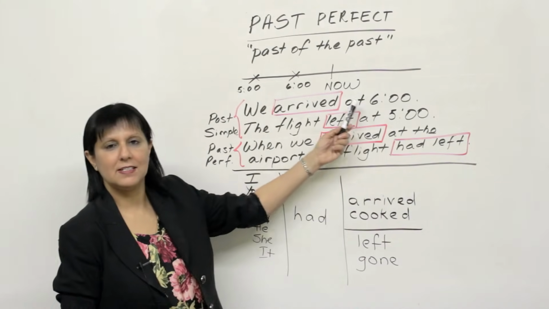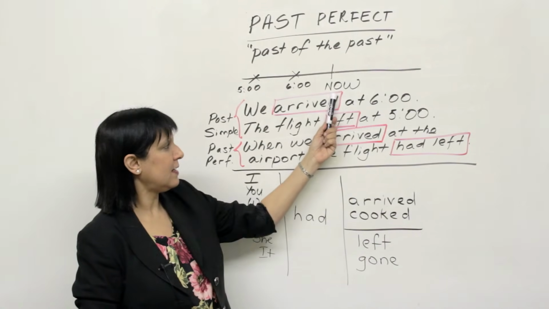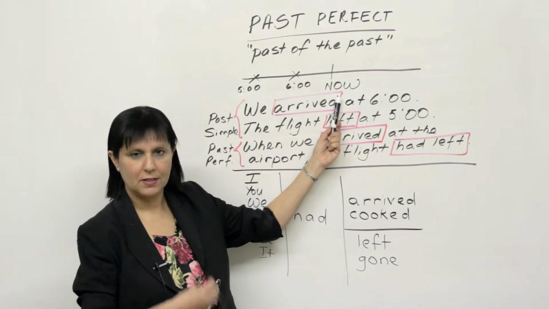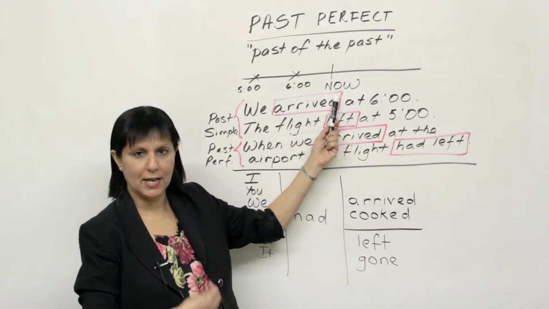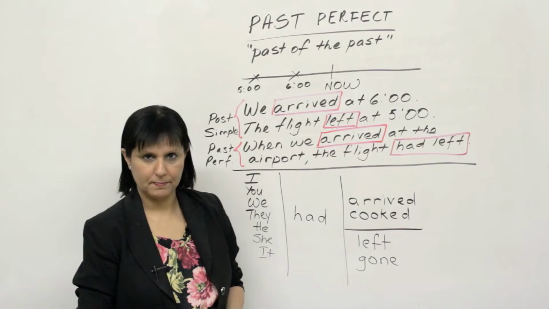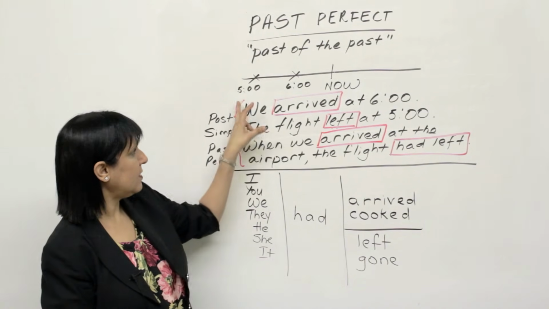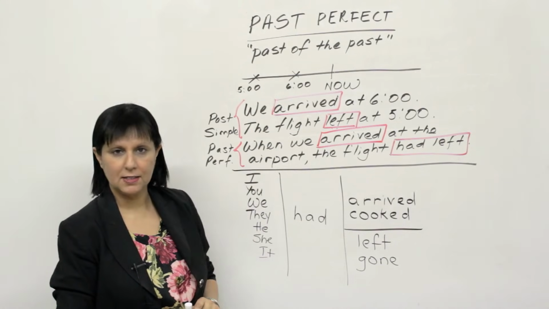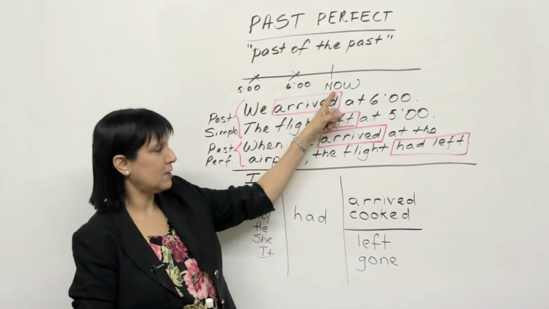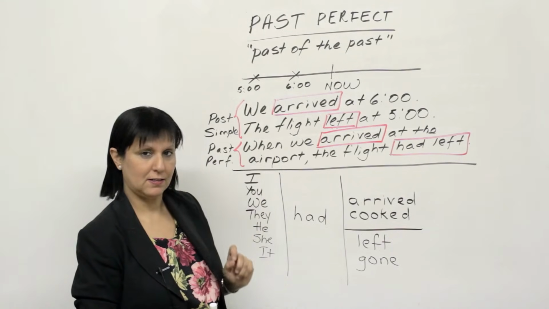Let's look at this timeline. Okay? On this timeline, this line says now. This is the period of time right now. This is the past, and that side is the future. Okay? So let's look at the example. These are two events that happened in the past. One happened closer to now, and one happened before that, right?